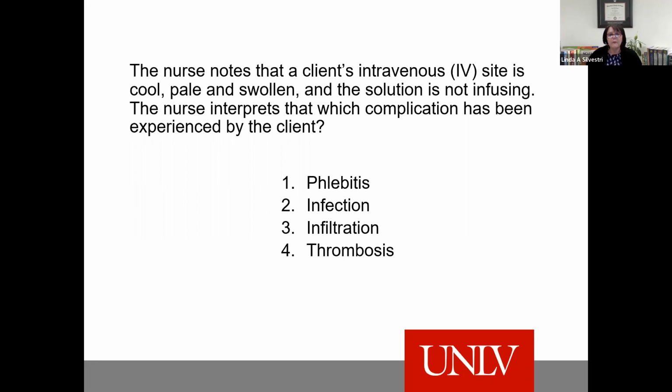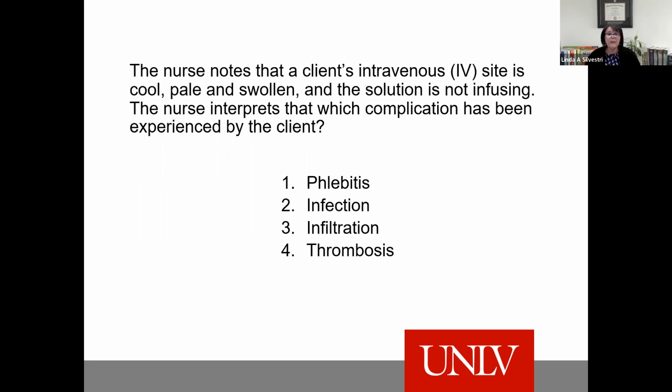So what would we do if infiltration occurred? Likely to be asked about this. If there's an infiltration, that IV needs to be removed and restarted at another site, probably the other arm, not in that same vein, and maybe above that vein, but not below it. Phlebitis, same thing. The IV needs to be removed and restarted.